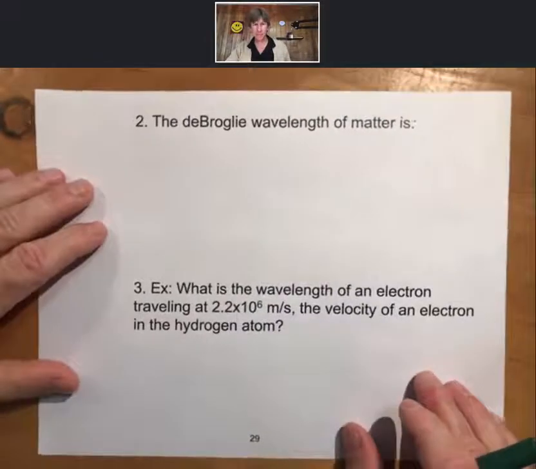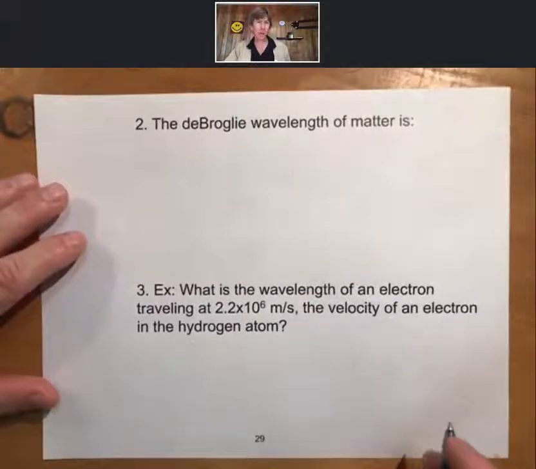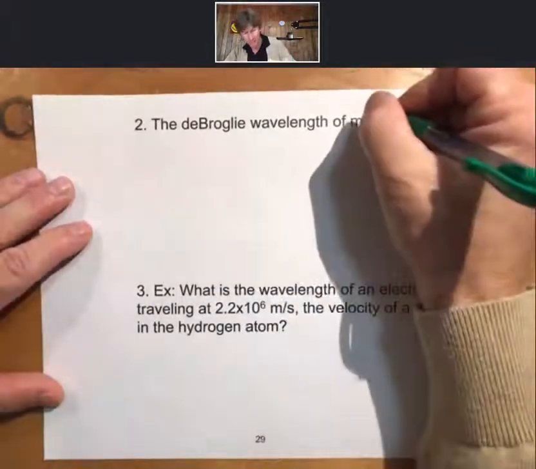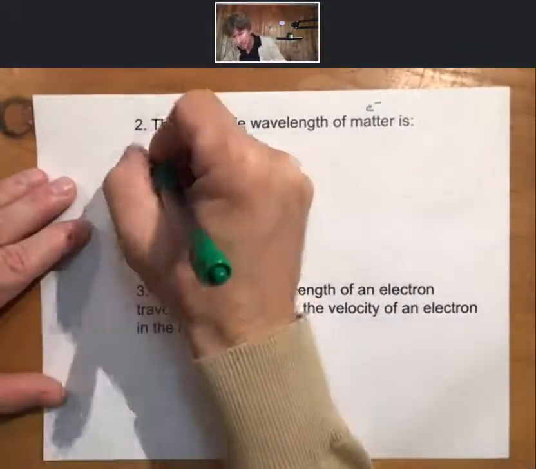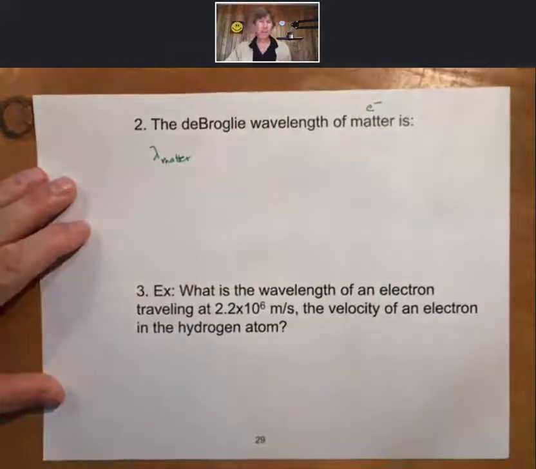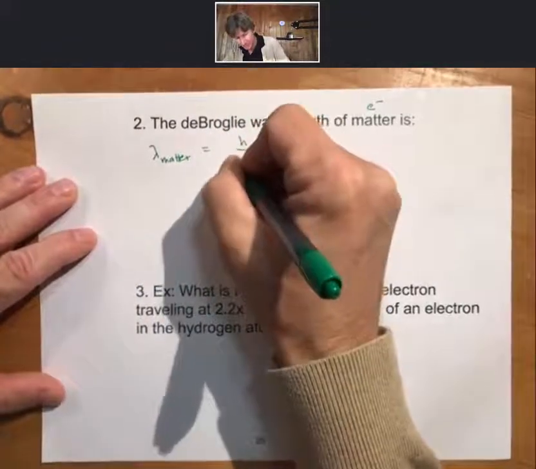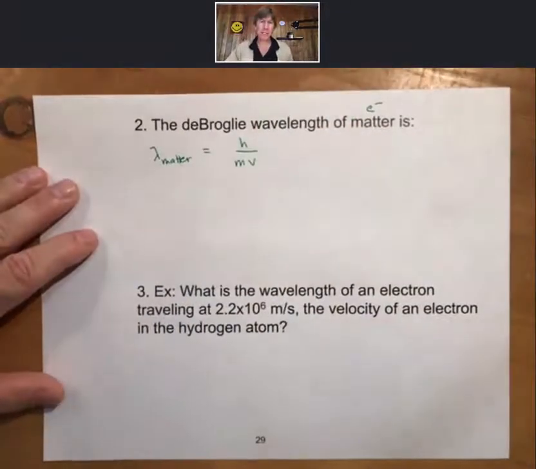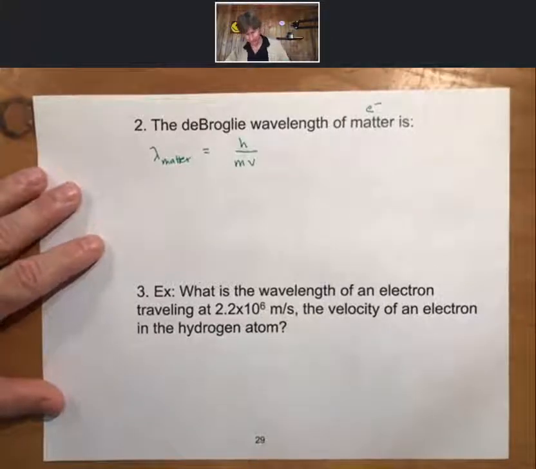Okay, next thing we want to cover is how to calculate the wavelength of matter, and specifically the wavelength of an electron, although this is a completely general equation. So the wavelength of any matter is going to equal Planck's constant over mass times velocity.